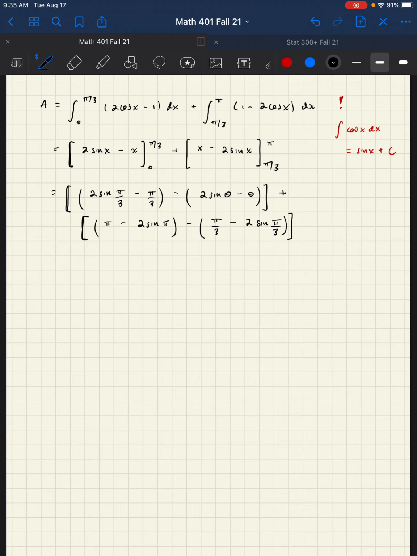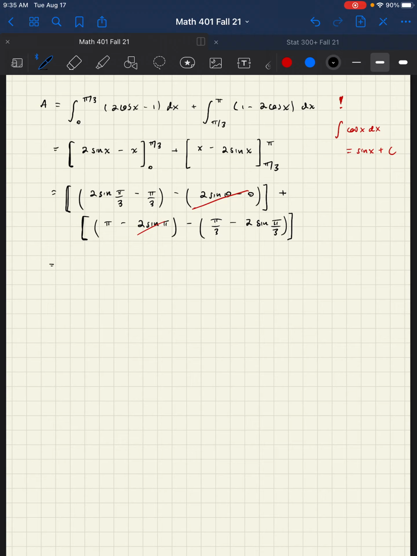First of all, this goes away because sine of 0 is 0 and 0 is 0. Pi, can't do anything about that, but sine of pi is also 0. Thank goodness. It goes away. So now we can just focus on collecting like terms, and then once we have that, we'll figure out what sine of pi over 3 is.